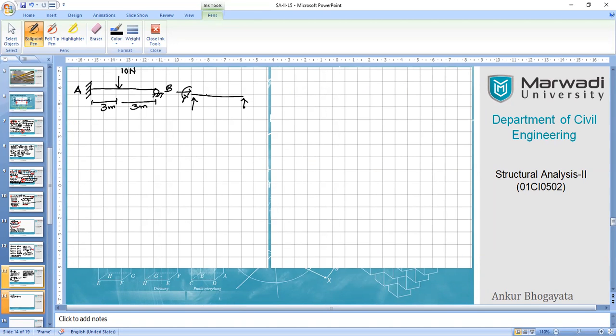So you cannot simply say that 10 is the loading, it is symmetrical, so 5 will go at point A and 5 will go at point B. It is not possible because it is a statically indeterminate structure by 1 degree.